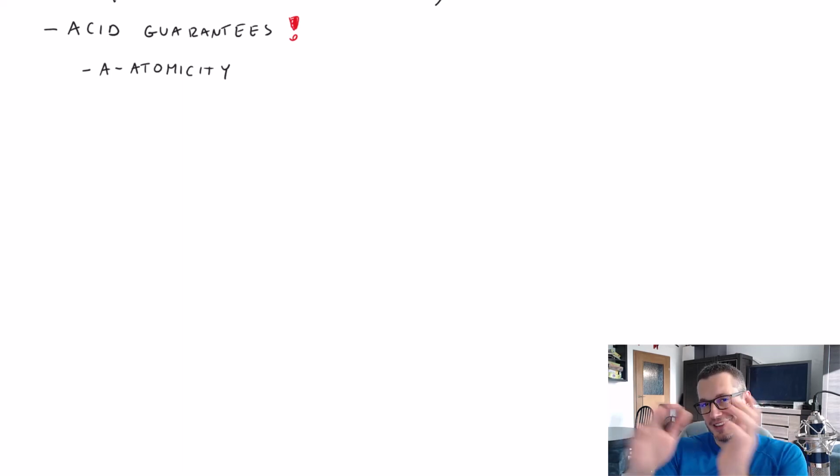So either it succeeds completely, or it didn't happen, which is extremely important when we work with data, because we don't want to have only a part of our operation written somewhere. No, either everything succeeds, or it is rolled back.